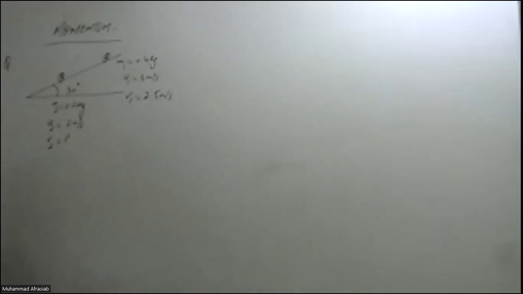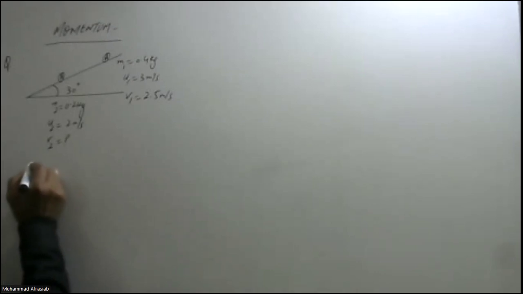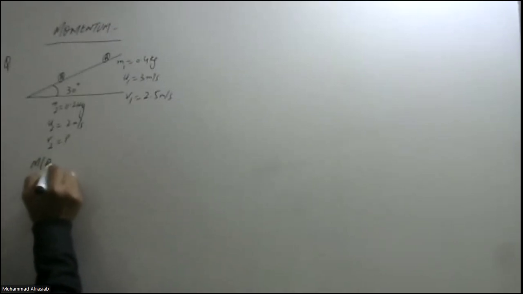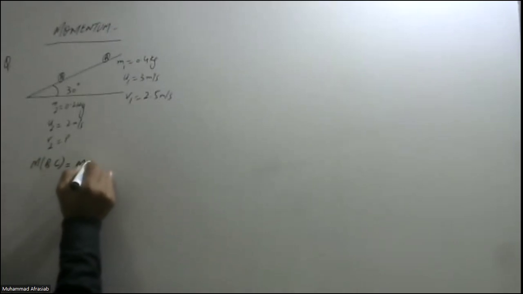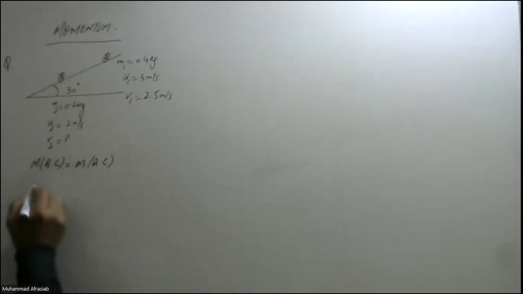From the law of conservation of momentum, the momentum before collision is equal to the momentum after collision. The momentum formula is the product of mass and velocity.